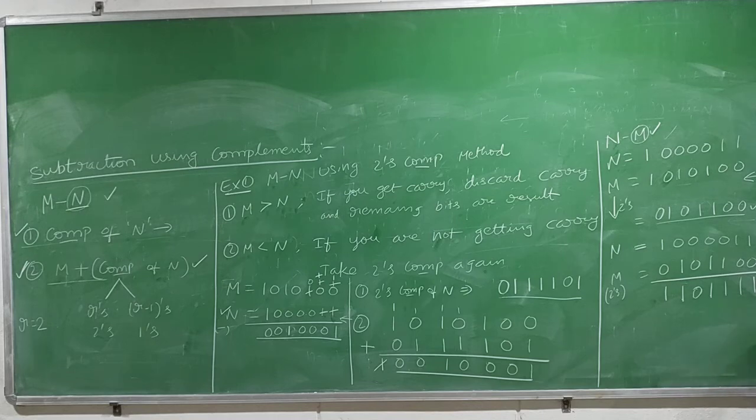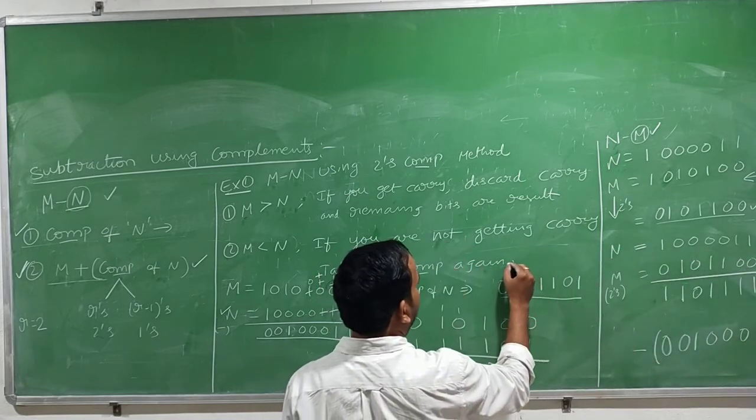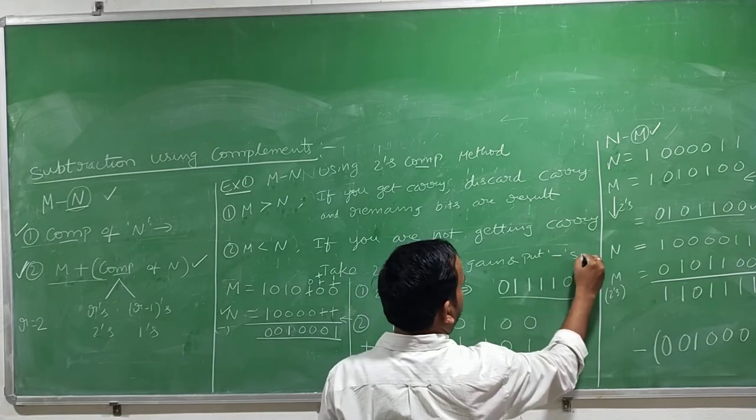This is your first one, and invert each bit: this 0 will become 0, this 1 will become 0, this 0 will become 1, this 1 will become 0, this 1 will become 0, and add a minus sign here. Take the 2's complement again and put the minus sign.